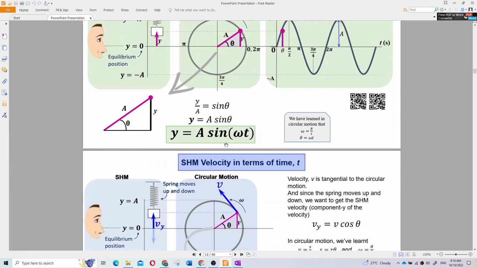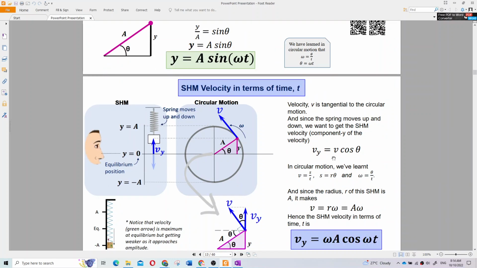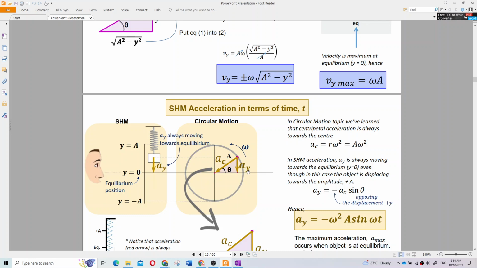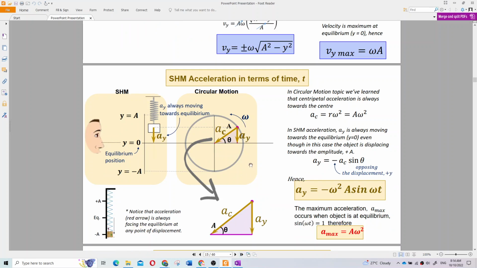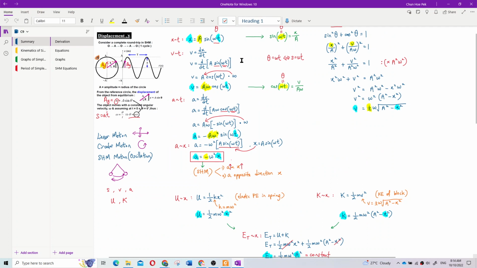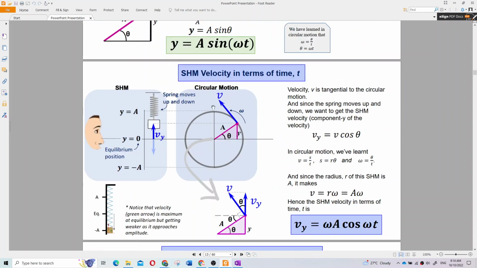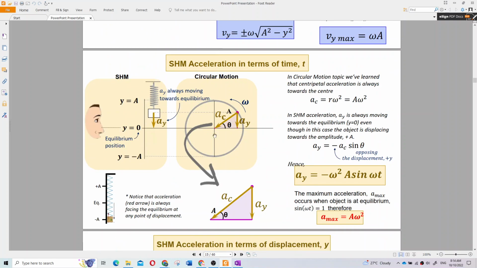They use the y component of amplitude, but for velocity they use differentiation: from the displacement equation, differentiate dx/dt to get the velocity equation, then differentiate again to get the acceleration equation. The new syllabus uses the y component of tangential velocity and the y component of centripetal acceleration. The new syllabus requires you to use the real concept.